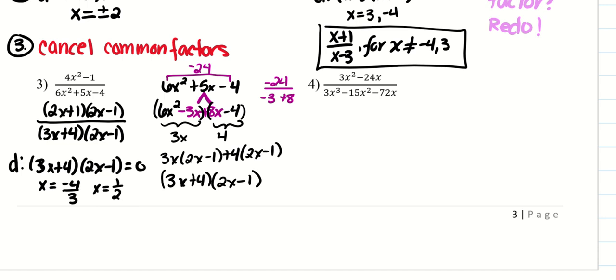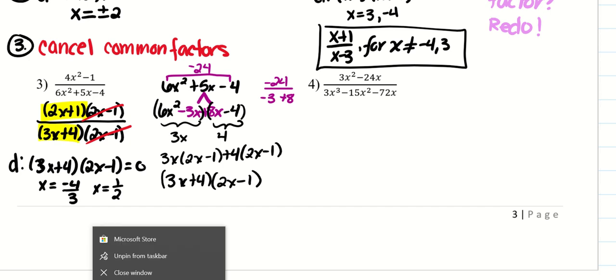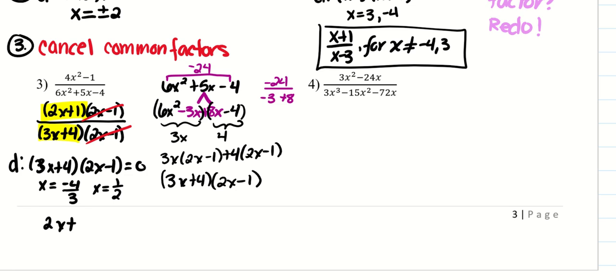When I cancel my common factors, I'm left with the ratio 2x plus 1 over 3x plus 4, for my values of x that do not equal negative 4/3 or 1/2.